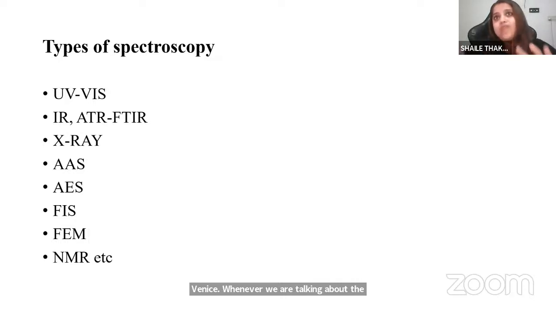Suppose there is a compound A, and in compound A, you are having X, Y, Z components, right? How much X amount is present in the sample? How much Y amount is present? And what is the amount of Z present in your A sample? So basically, the quantity deals with the concentration of the components present in the sample.